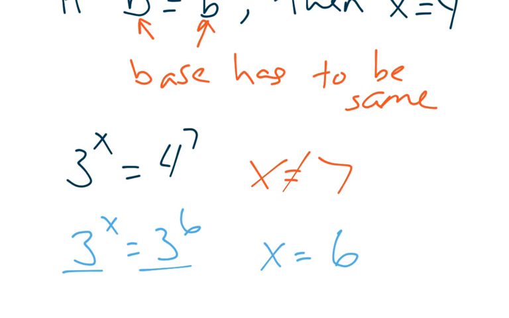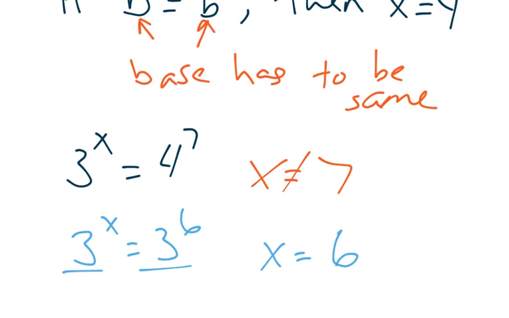So if your bases are the same, then you can just set the exponents equal to each other and solve from there. If the bases are not the same, like in this example that I wrote here in black, notice it's 3 and 4, not the same, then what we can't say is that x is equal to 7. We can't set the exponents equal to each other. But if the bases are the same, like 3 and 3, then we can set the exponents equal to each other.